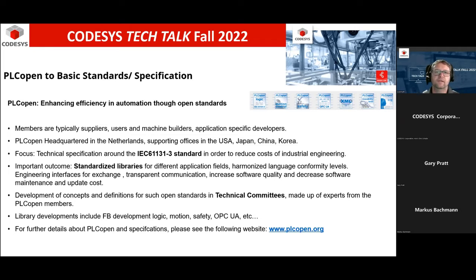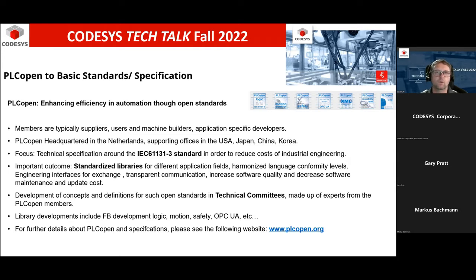The development, concepts and definitions of the open standard were created by technical committees made up of, like it says, experts from many PLCopen members who are technical experts. Giving expert information in regards to how the block should be built is standardizing the industry and making it more functional for engineers.